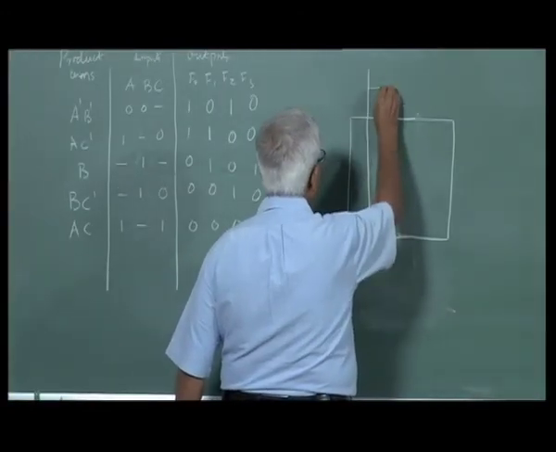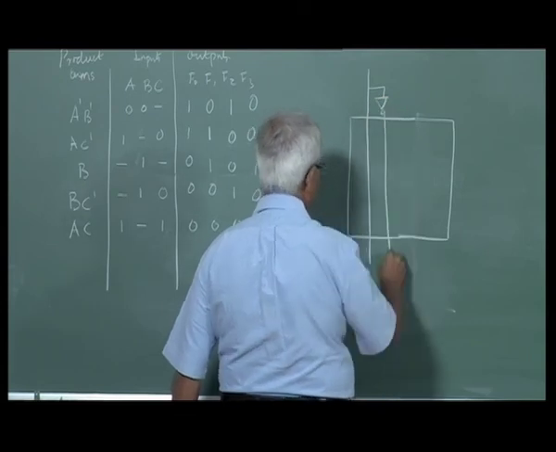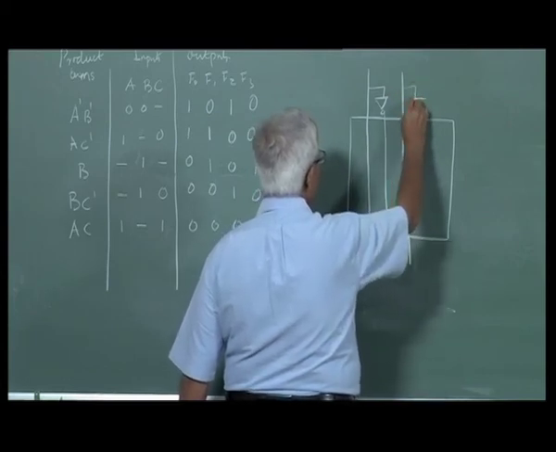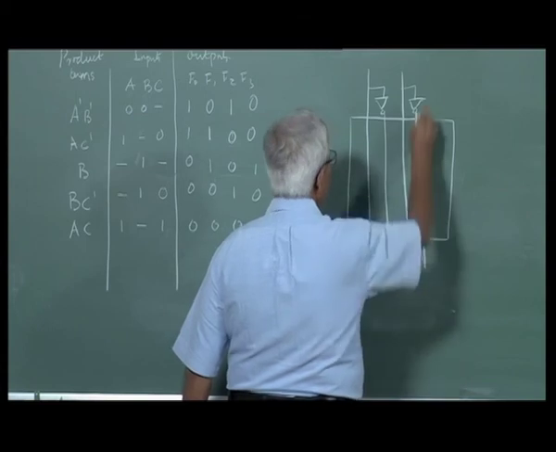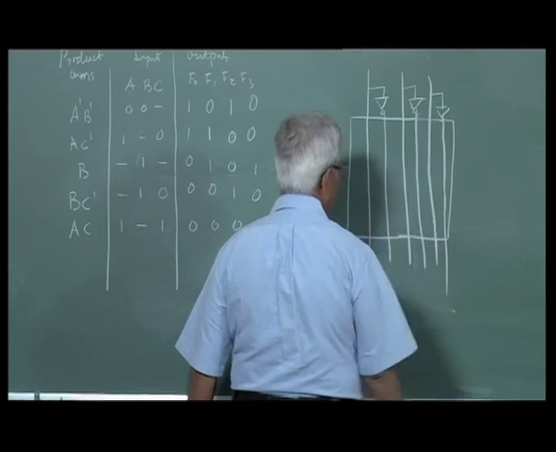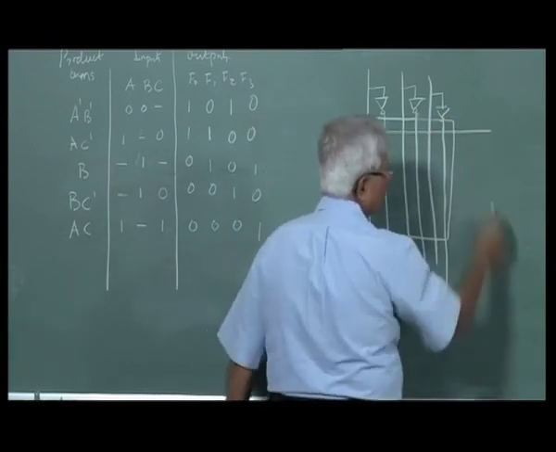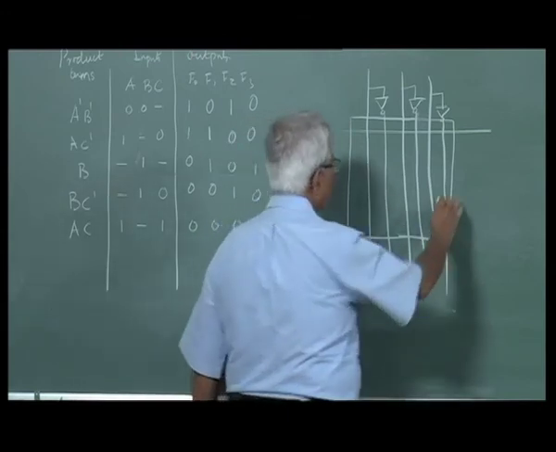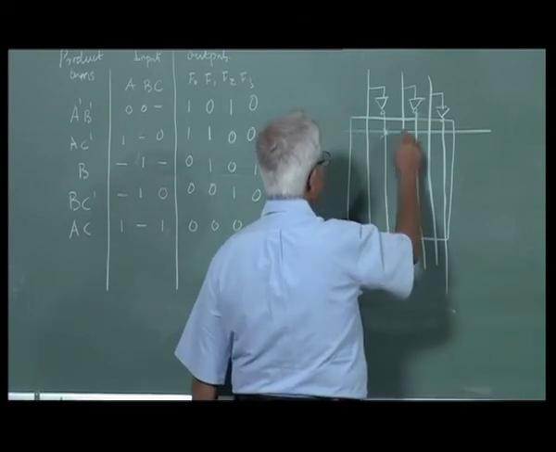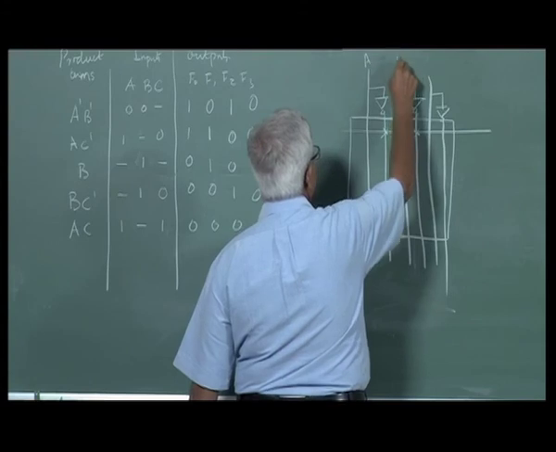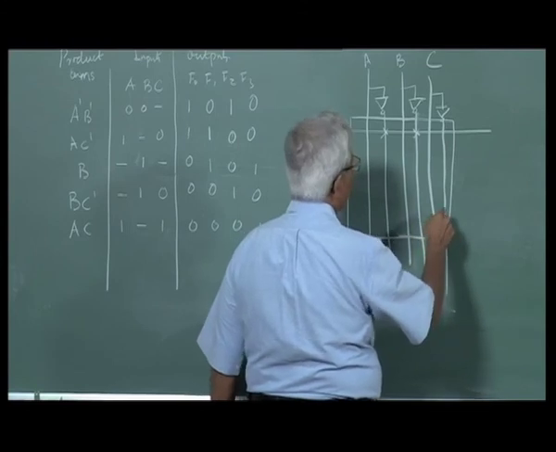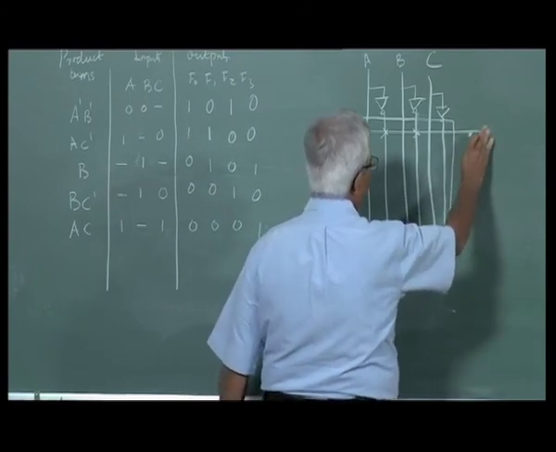A bar, B bar, C bar. My first minterm is A bar, B bar. This is put into an AND gate.